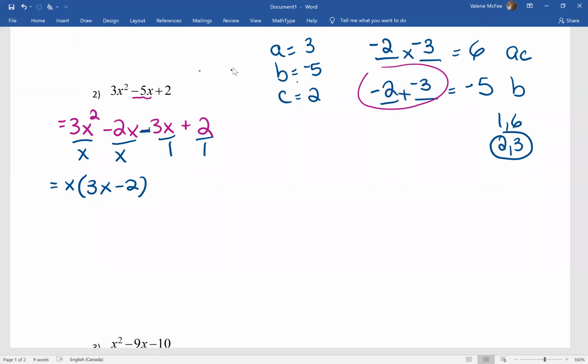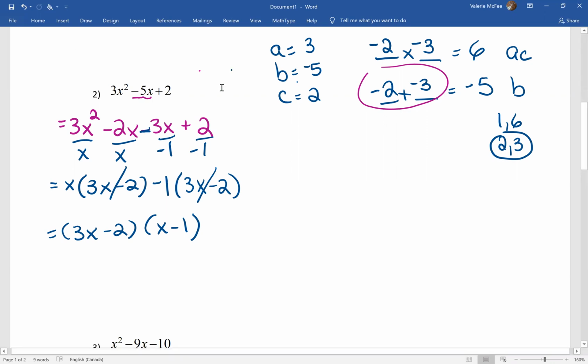And because there's a minus sign here, I know I have a factor of negative 1. We see that 3x minus 2 is common, leaving x minus 1. Again, you can multiply those out to make sure they give you the trinomial we started with.